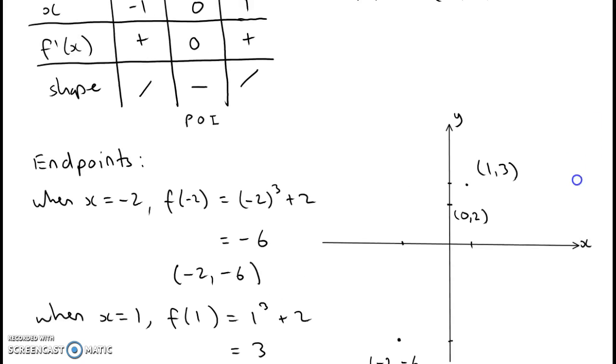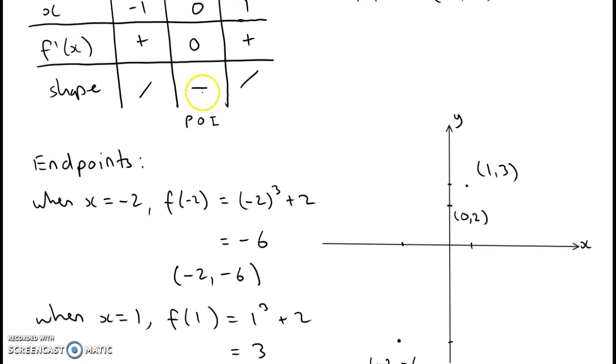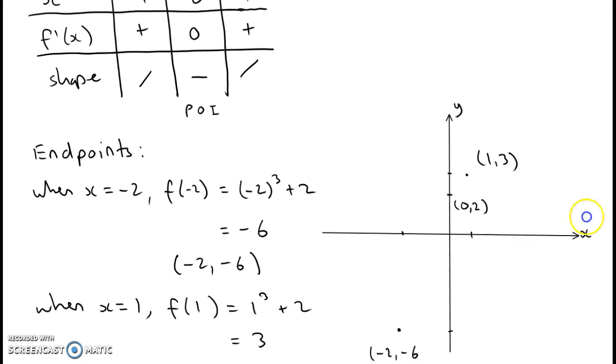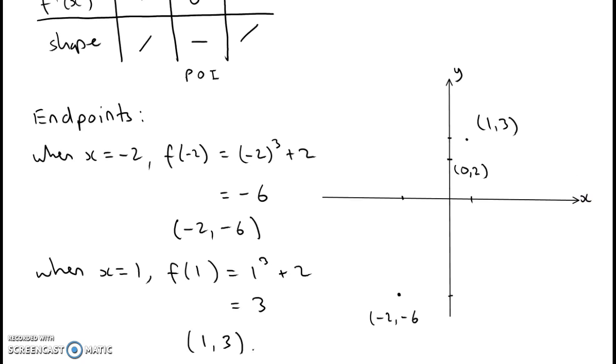Alrighty, and we know the shape of the graph. We know that it's got a point of inflection here, and leading up to that, that's got an increasing gradient, and afterwards it's also got an increasing gradient. So we can actually go ahead and sketch that. So here's that graph there from x equals minus 2 through to x equals 1. We know at this exact point here, 0, 2, it's got a gradient of 0.